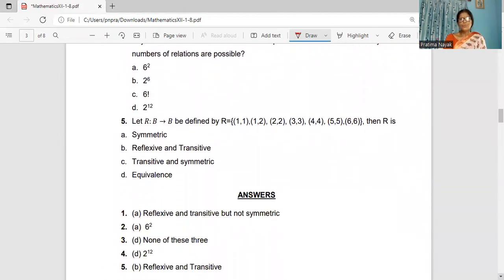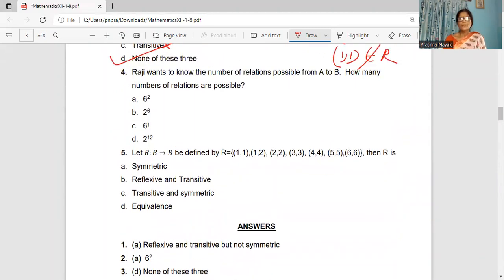Next, coming to the fourth part. Raji wants to know the number of relations from A to B. We have finished the number of functions. Now how many relations from A to B are possible? 6 to the power 2, 2 to the power 6, 6 factorial, and 2 to the power 12.